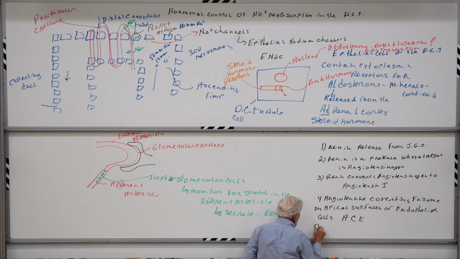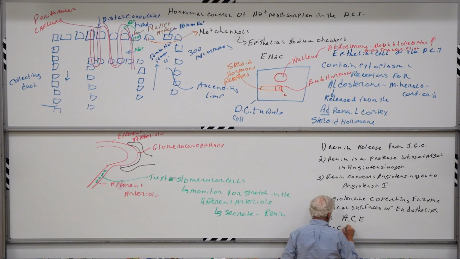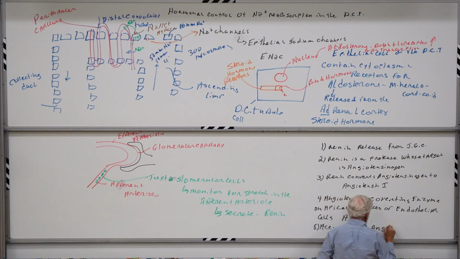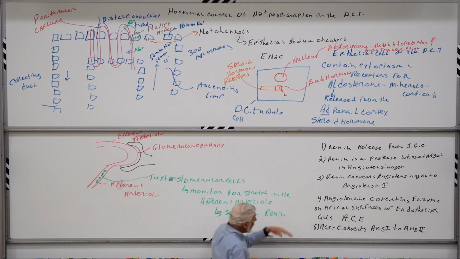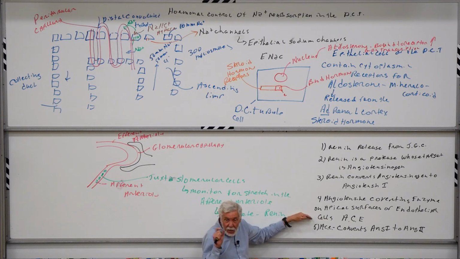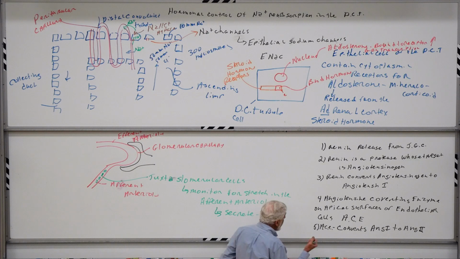What ACE does is ACE converts angiotensin 1 to angiotensin 2. Again, it too is basically a proteolytic enzyme. It only cleaves out a couple of amino acids. But angiotensin 2 is active.